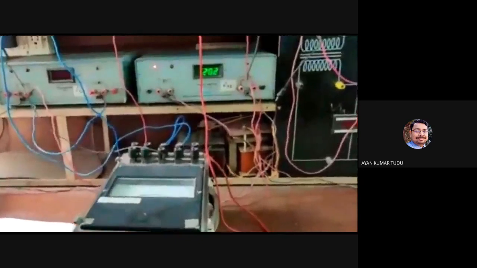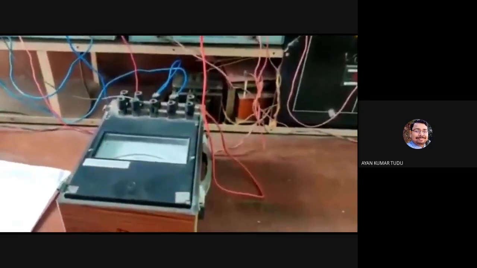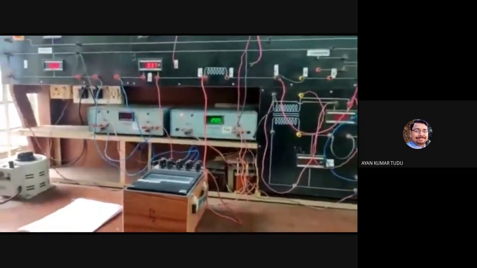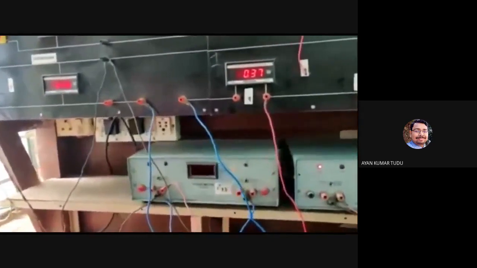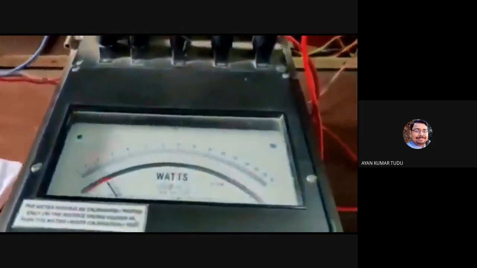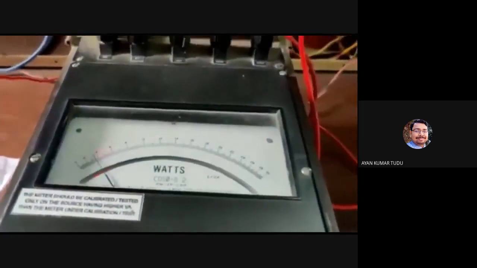And we will measure the sending end and receiving end power by using this wattmeter. So for 30 volt, this is the current and wattmeter reading for the sending end.